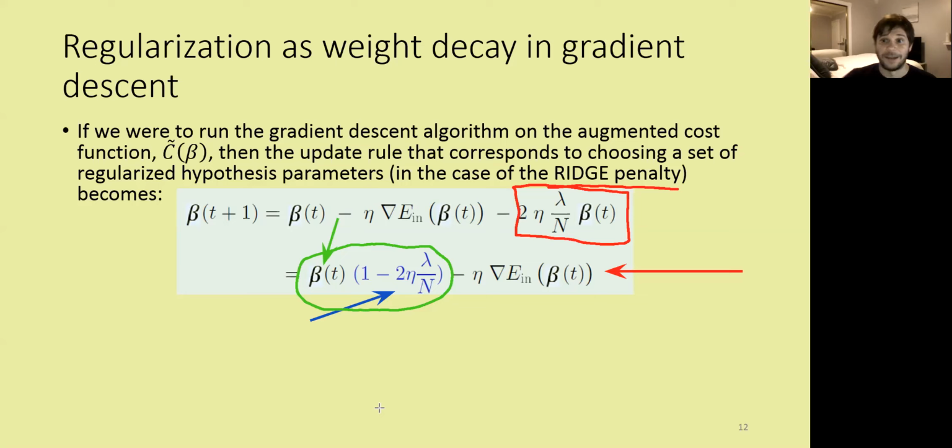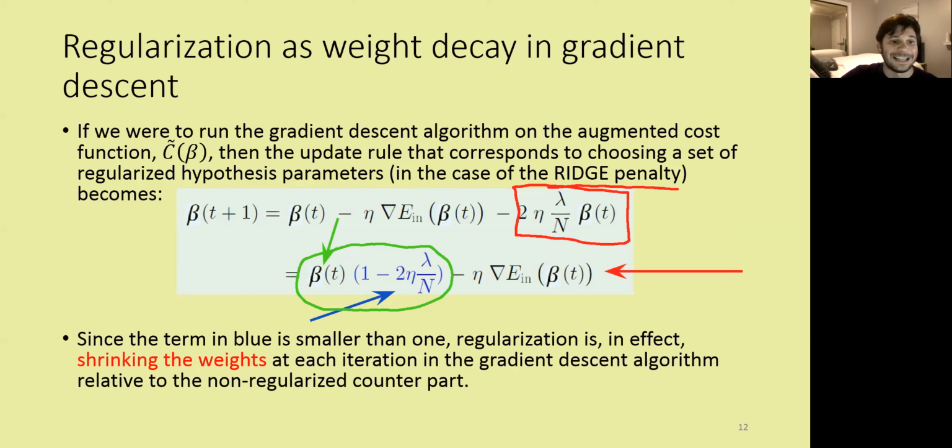So because we're implementing this type of regularization specifically, it is often referred to as weight decay in the context of gradient descent. When you apply regularization, you're applying what is known as weight decay, because not only at every iteration are you stepping in the direction opposite the gradient, but you're also shrinking your original guess.